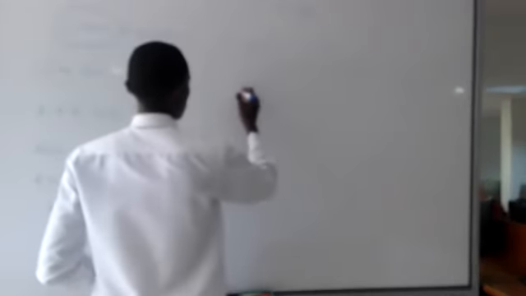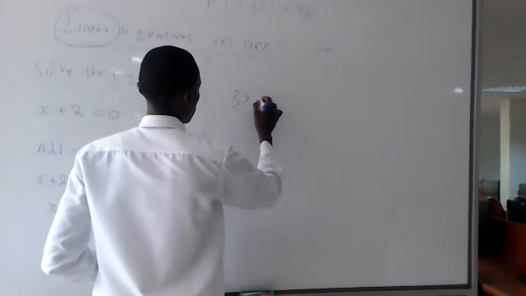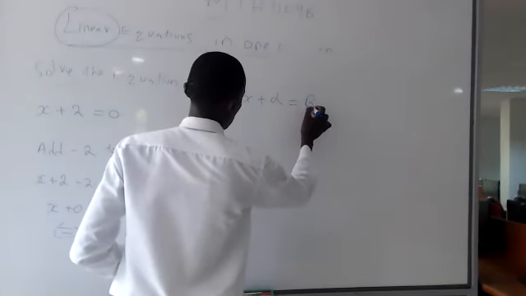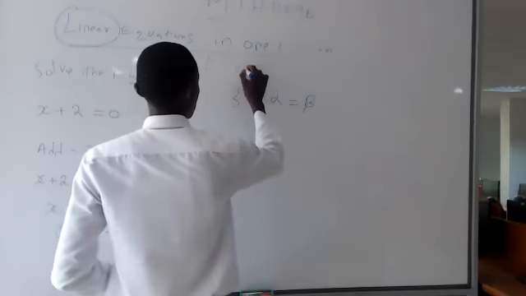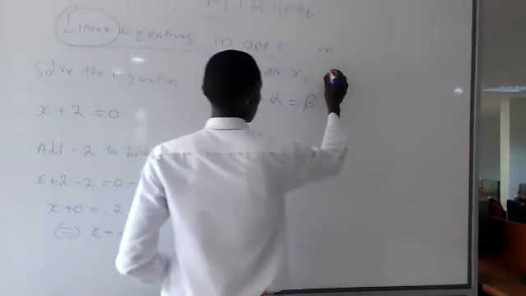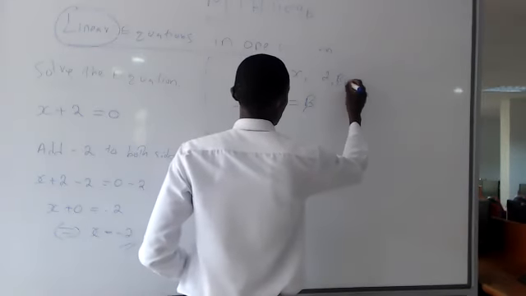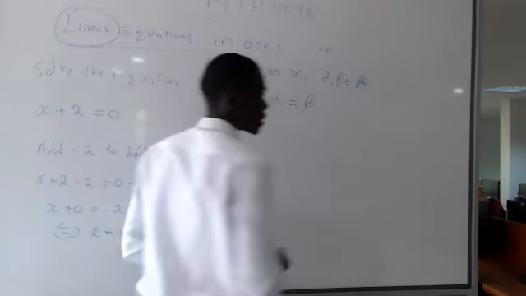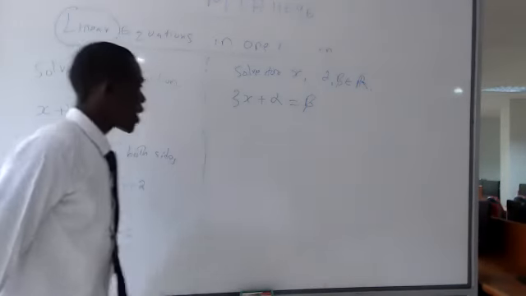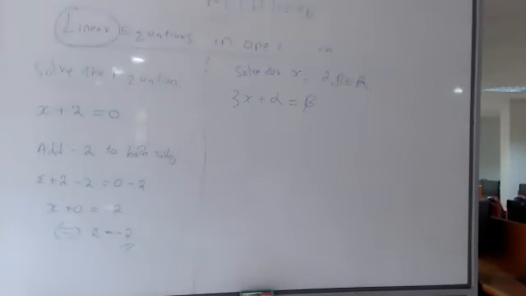How about this: solve for x, where alpha and beta are real numbers. This is a case which will require us to use both the two rules at the same time.